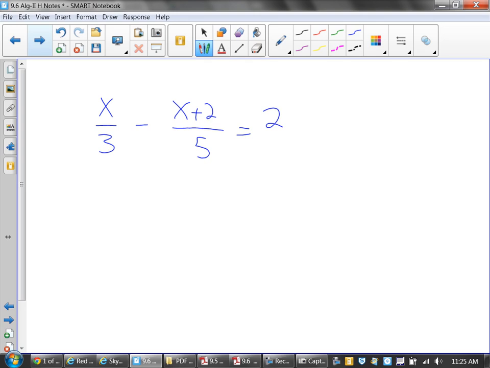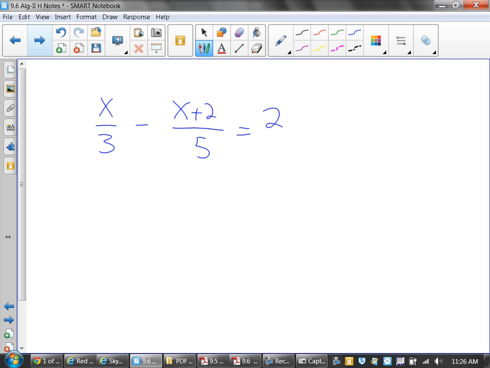Same idea here. If I'm looking at x over 3 minus x plus 2 over 5 is 2, I'm going to still go through the same process. I want to get rid of the fractions. What do I want to multiply everything by in this case? 15.